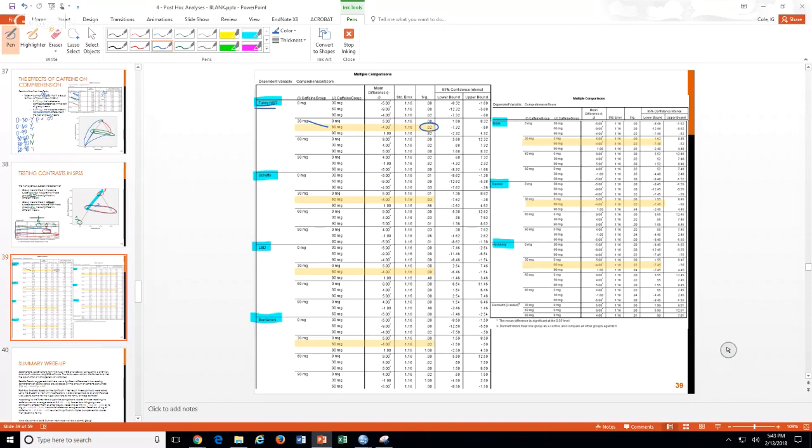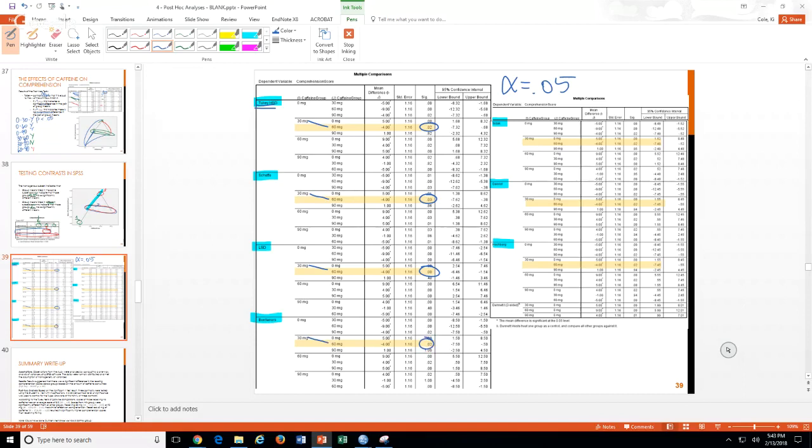So we're just using alpha 0.05. What is the significance level for the Tukey test to compare 30 and 60? 0.02, okay? What is it for the Scheffé test? 0.03. What is it for the LSD? 0.00. What is it for Bonferroni?